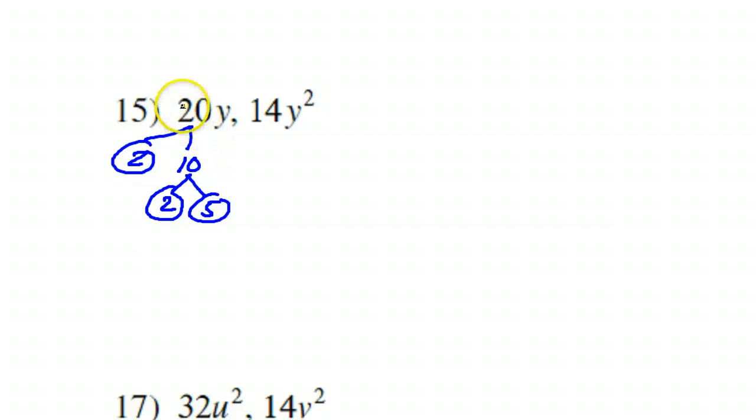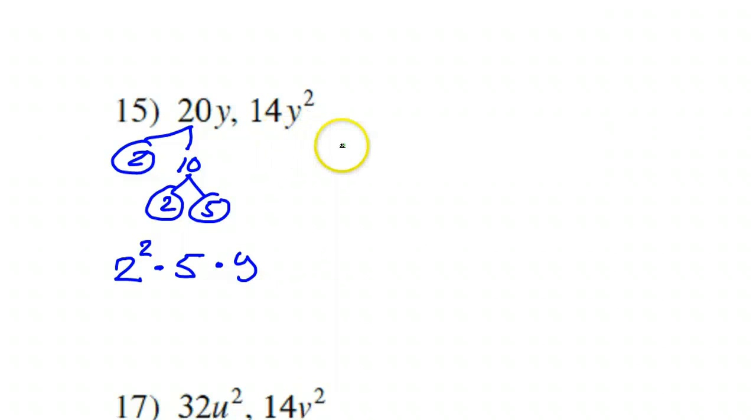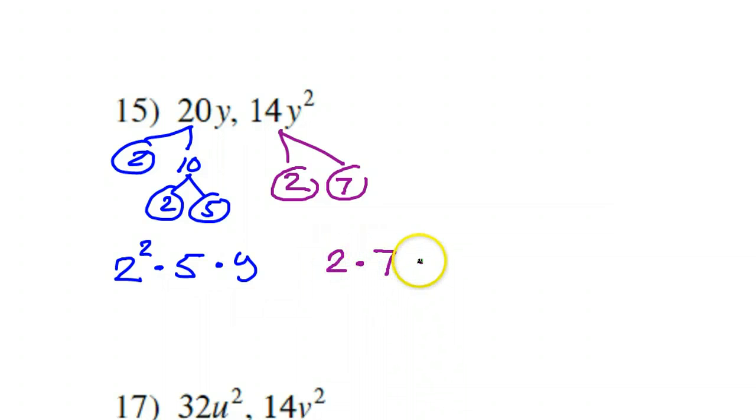So the prime factorization for 20y is going to be 2 squared times 5 times y. Now for 14, 14 is 2 times 7, and those are already prime. So the prime factorization is 2 times 7 times y squared.